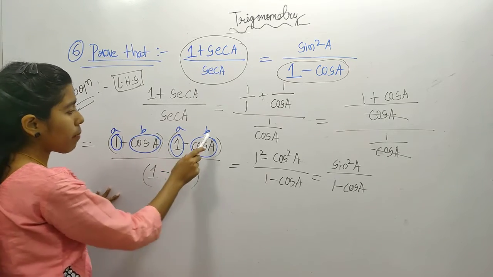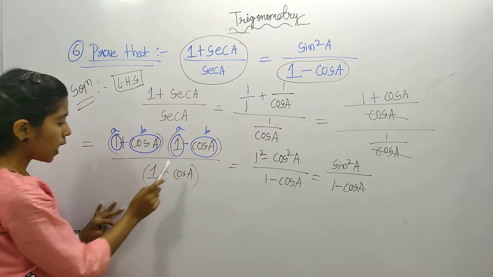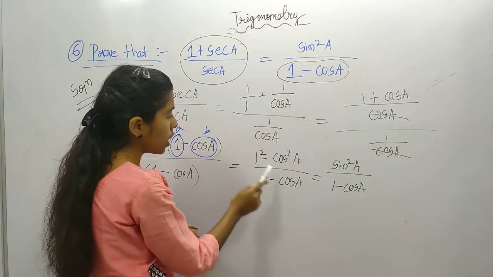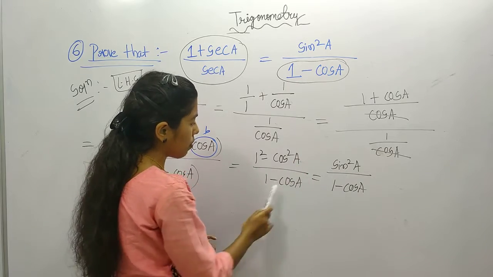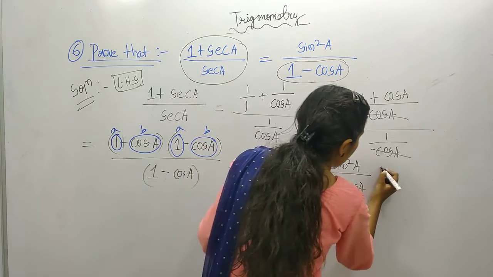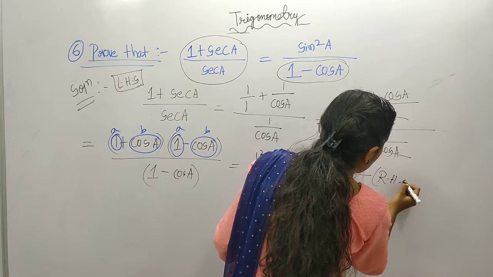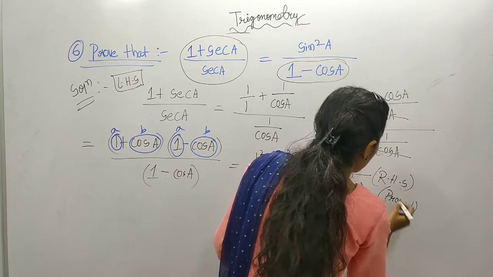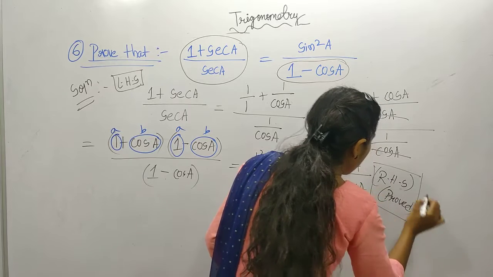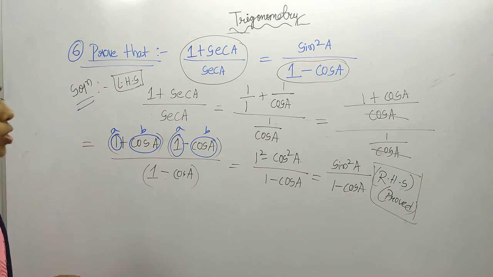So a plus b into a minus b, a square minus b square divided by 1 minus cos a. So 1 minus cos square a formula is sin square a divided by 1 minus cos a. So RHS proved. Over. Okay, so next move to the next question.